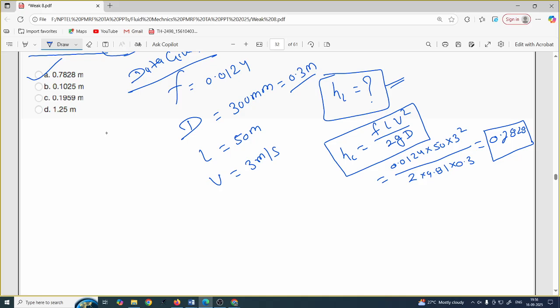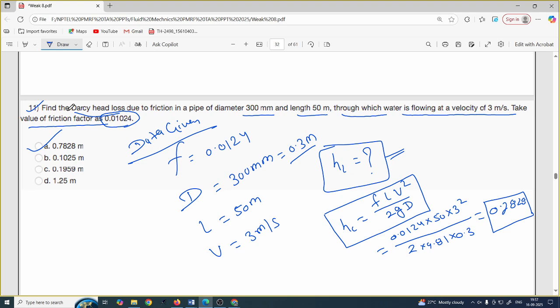You can also check. 0.0124, 1024 into 50 into 9, and divided by 26.